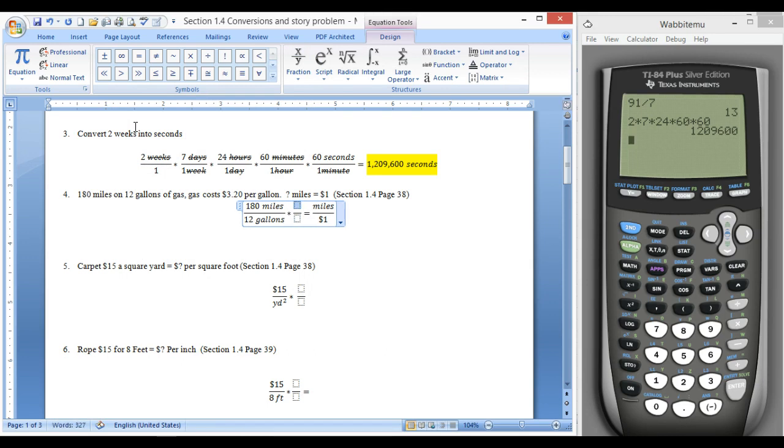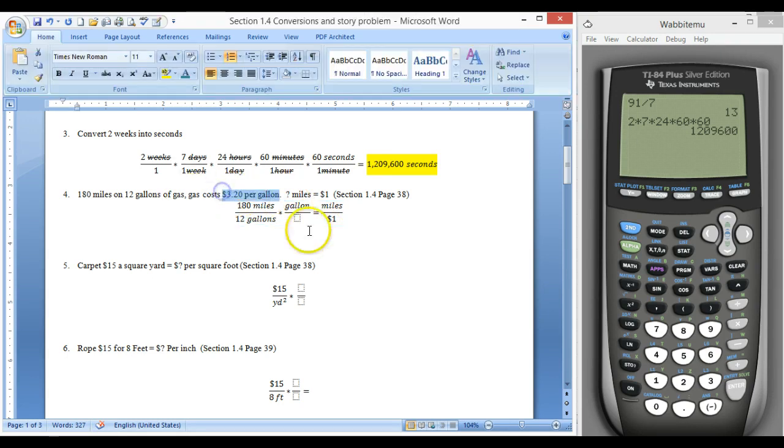Times. And I know I want to get rid of those gallons, so I'm going to put gallon on the top, because in a fraction, if I have something on the top and the bottom, they will cancel. Now I need to replace that with something. Gallons, I was told it costs $3.20 per gallon. Well, there we go.